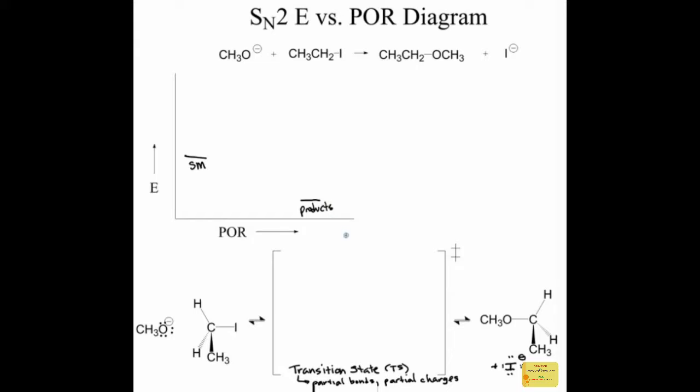That's what makes a substitution favorable, and we'll talk about that today. And when it's a single-step reaction, we just have a single transition state to go through before our starting materials go to products.